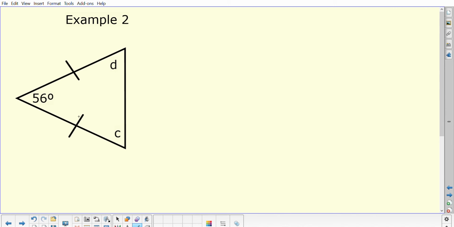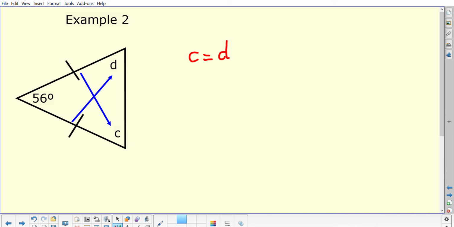Here's your equal side, that means that angle there, and this is your equal side, so that one there. What do we know? We know that angle C must be equal to D. That's my equal pair. So how am I going to get that if I've only got one angle at the moment?